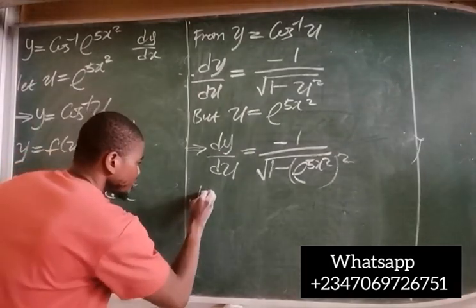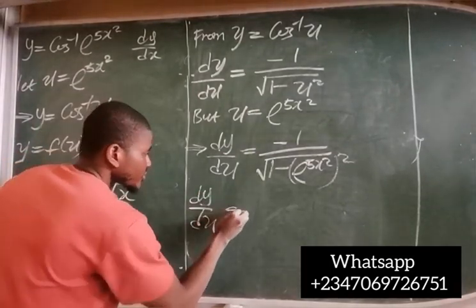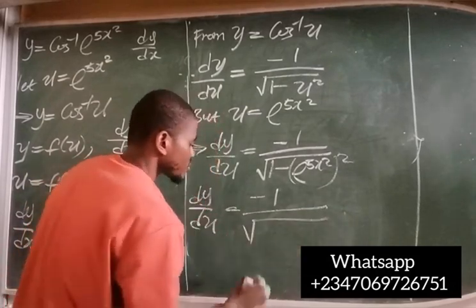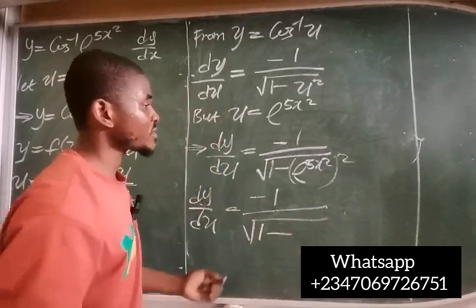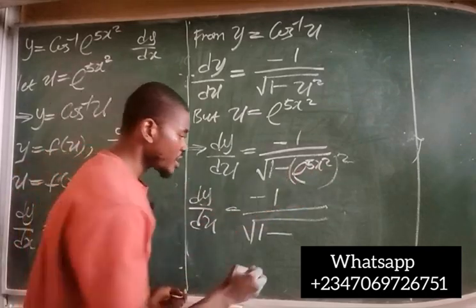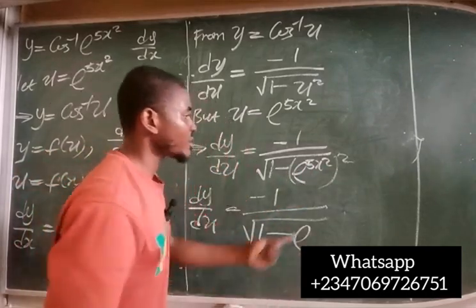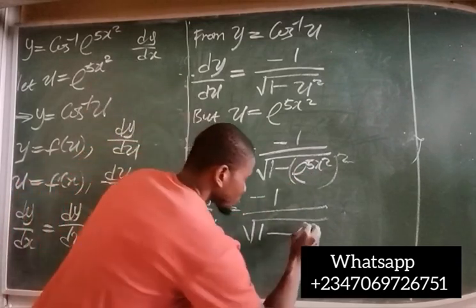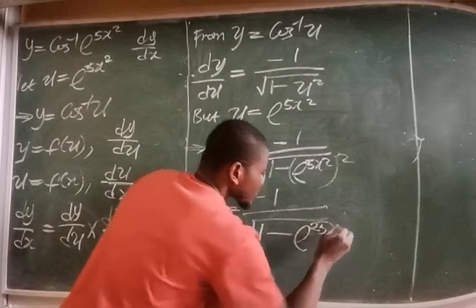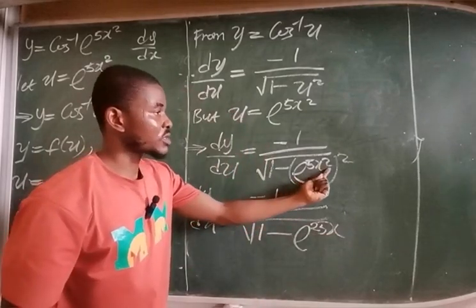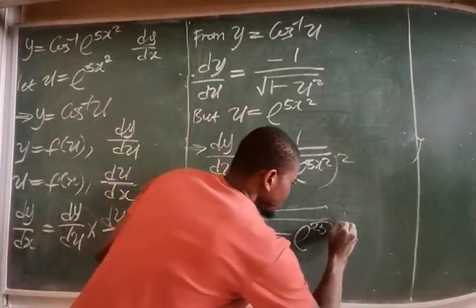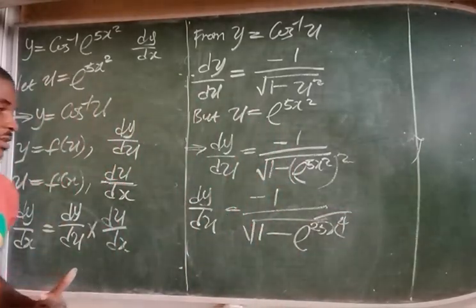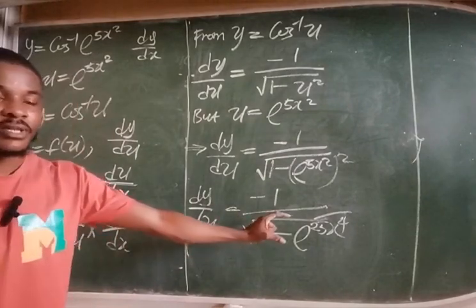And therefore dy du is now minus 1 all over square root of 1 minus, if I take the square of these terms inside, I will simply have exponential. The square of 5 is actually 5 times 5, which is 25. So I have 25x, and here I have x squared, so this square times 2 simply gives me 4. So this derivative, dy du, is actually equal to this.